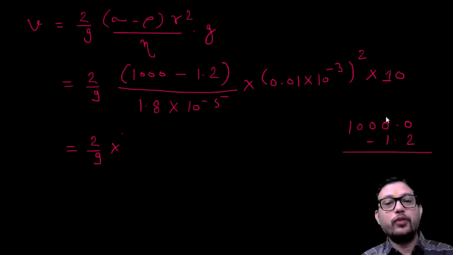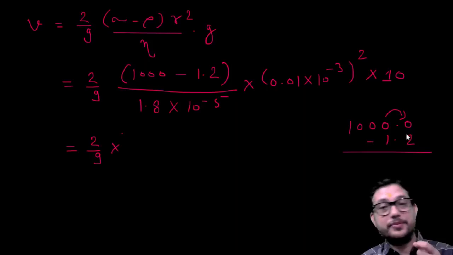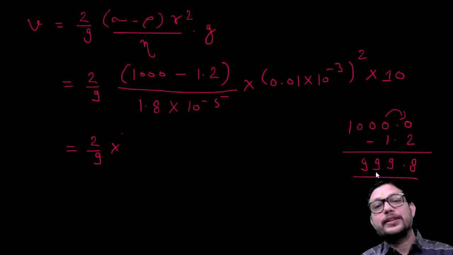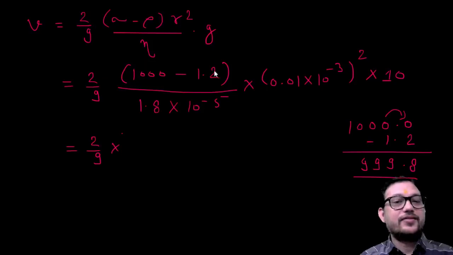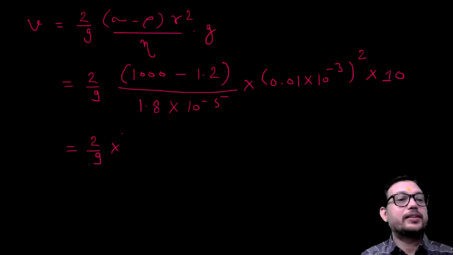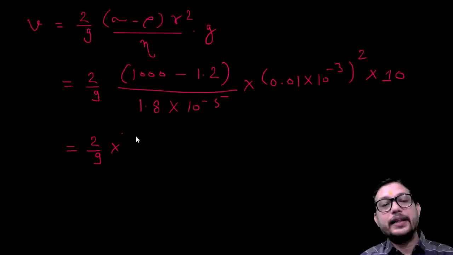If 1 is carried, it becomes 10 minus 2, so it will be 8 point, and this will be nothing but 9 and 9. So 999.8 will be your answer of the subtraction. Okay, so we will rough it and we get the result as 999.8.